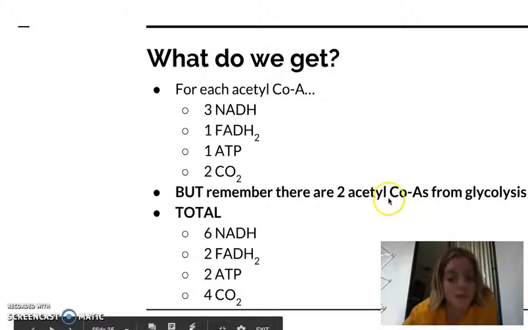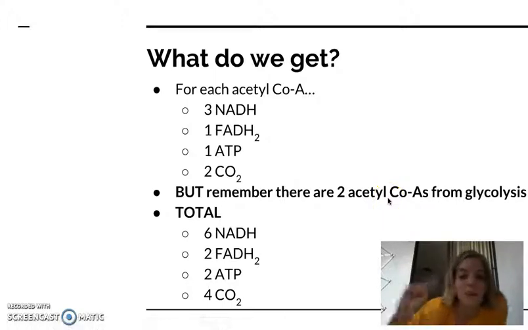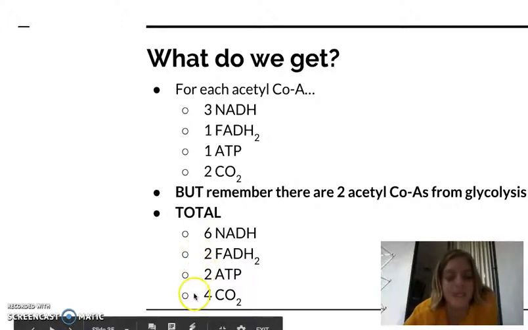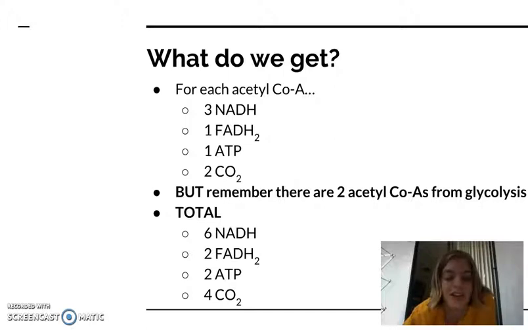So since 2 of them go through the process, from the 1 glucose molecule at the beginning of glycolysis, the citric acid cycle actually yields 6 NADHs, 2 FADH2s, 2 ATPs, and 4 CO2s. So you can see this is doubled because we actually have 2 acetyl-CoAs that go through the Krebs cycle for each of the 1 glucose molecules we started with.